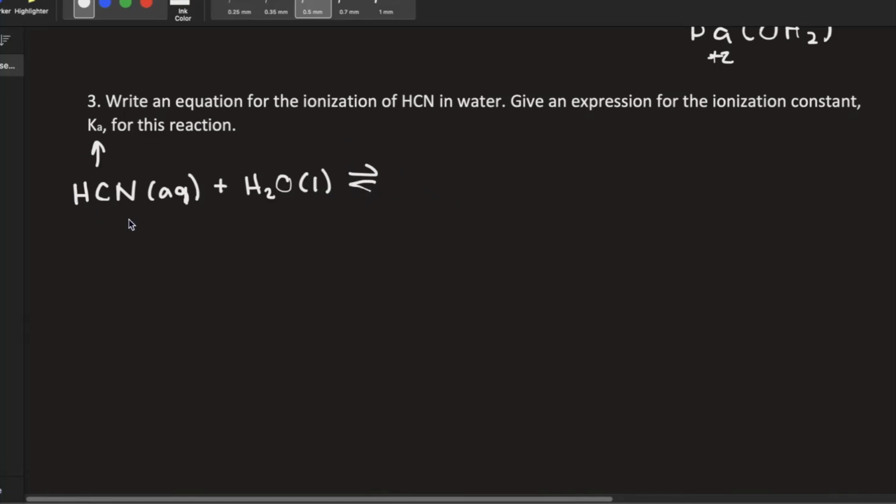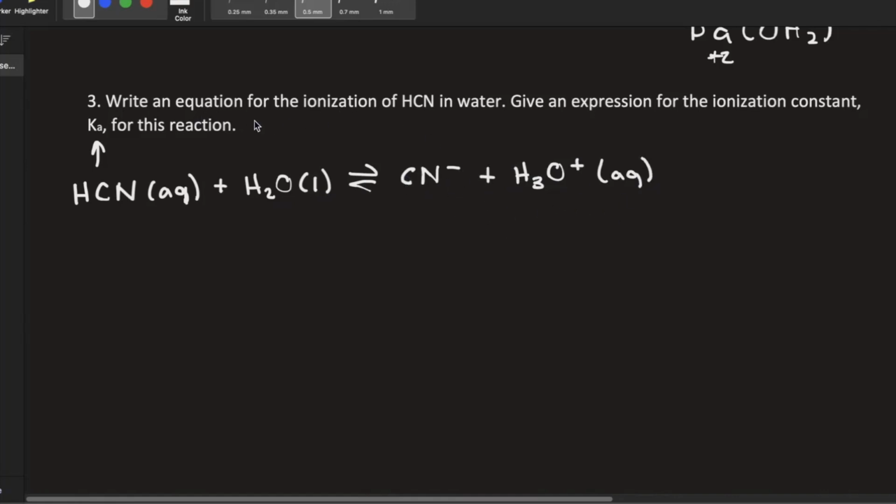But we do know that this is going to be our acid. So we know that acids donate protons. So we're just going to remove this proton, which is going to be our hydrogen. By removing that hydrogen, we're going to be left with CN minus. Then we know that the water is functioning as our base. And we know that bases are hydrogen acceptors. So we're just going to add a hydrogen. So this is going to become H3O plus aqueous. Okay, this is also aqueous, but I forgot to write it.